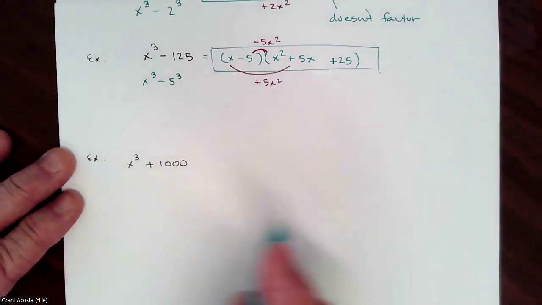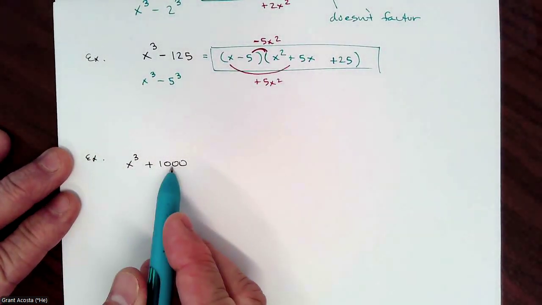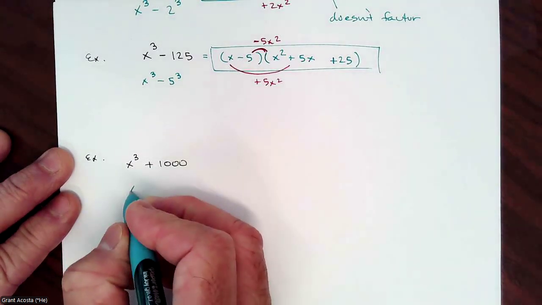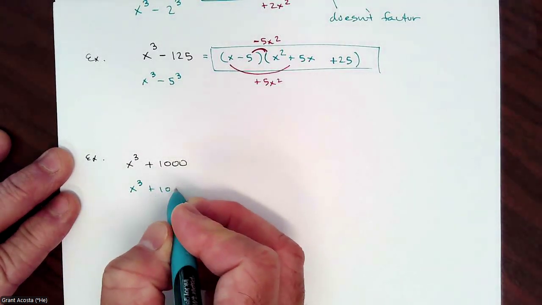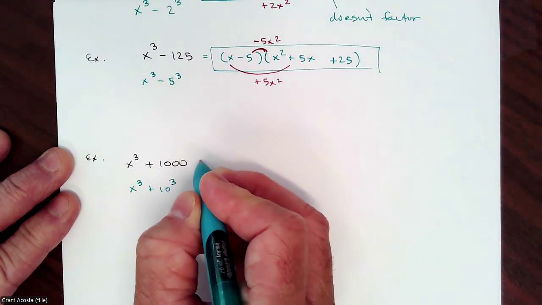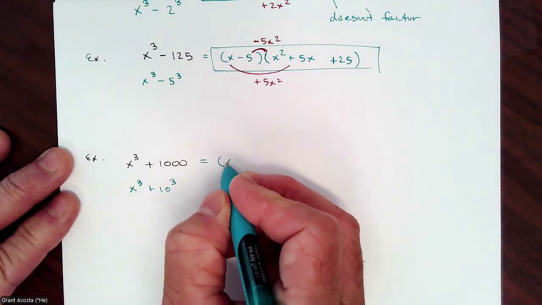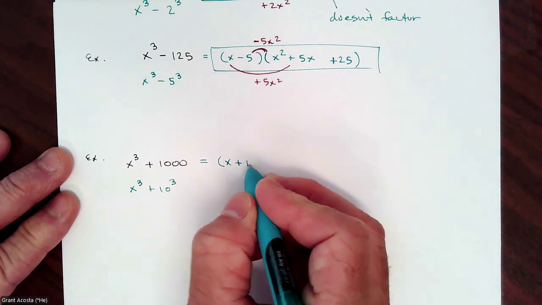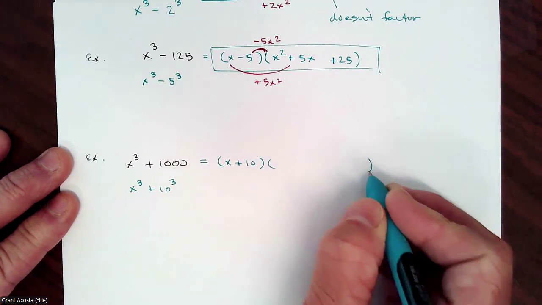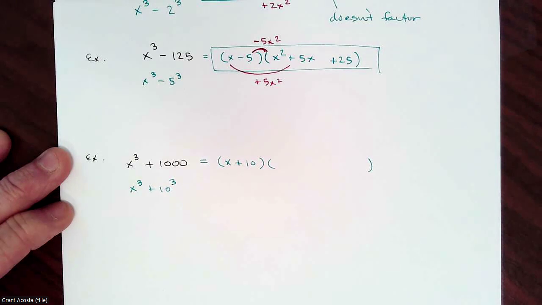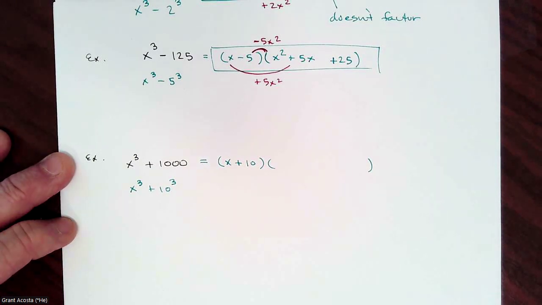And then this is known as a sum of cubes. A sum of cubes because 1,000 is 10 cubed. And if I told you that the first factor was just like for difference of cubes, x plus 10, and the rest of it was a trinomial, I'll bet you could figure it out, what should go there.